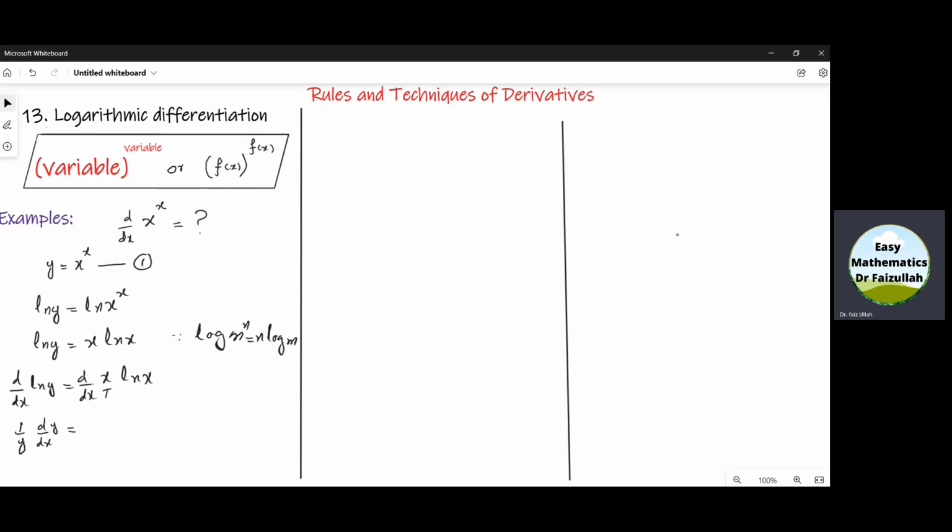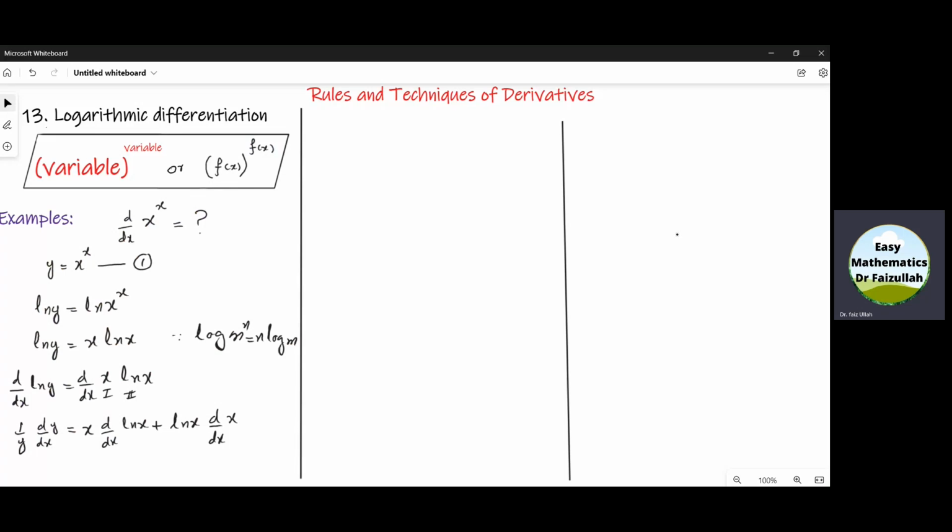On the right hand side, there are two functions and they are in product. So we use the product rule. First function, differentiation of the second function, plus second function, differentiation of the first function.